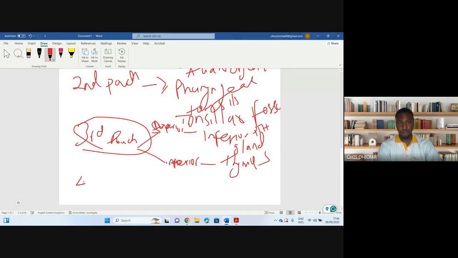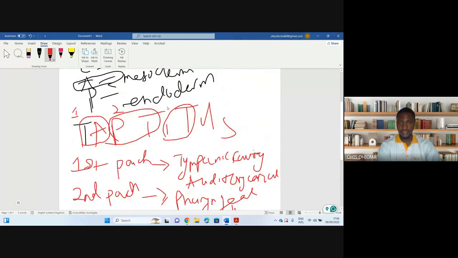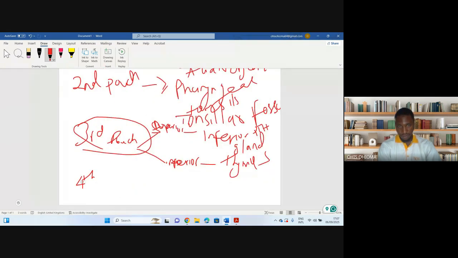And then the fourth part. When we go back to the mnemonic, you can see that the IT is the third, and then this guy, the US, is the fourth. We have the superior and then the inferior part.